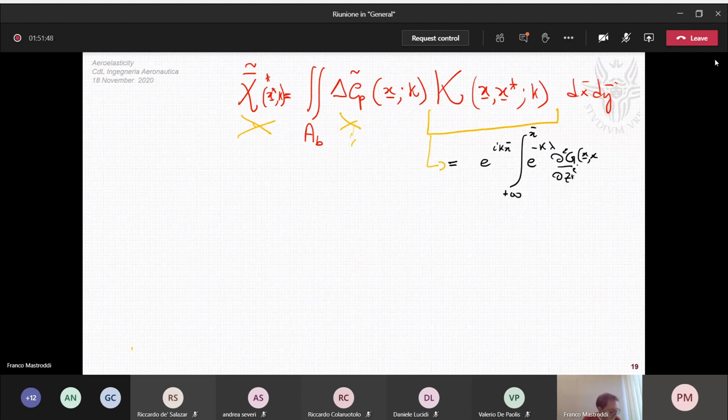But there is an error here, we have a lambda here, and d lambda, and this is the kernel function.